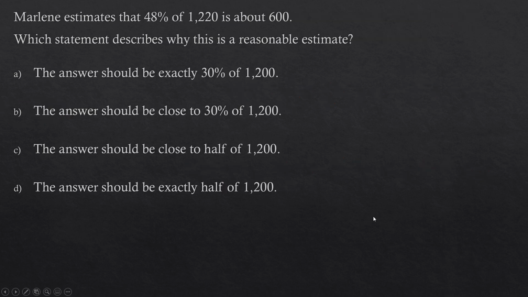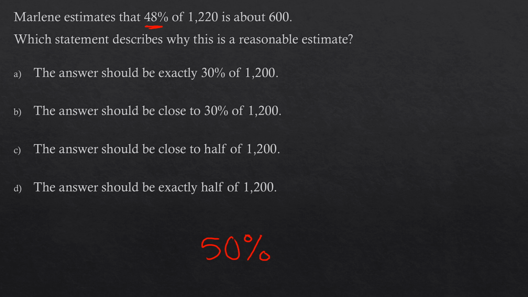All right, I believe this is our last question. Last question says that Marlene estimates that 48% of 1,220 is about 600. Which statement describes why this is a reasonable estimate? Okay, well, if we think about it, 48% is very close to 50%, right?